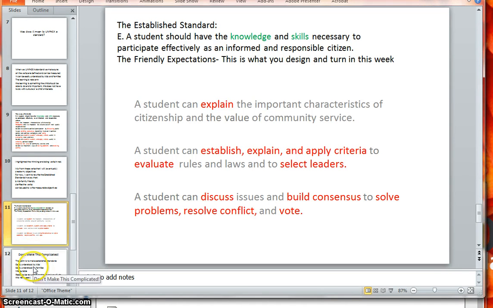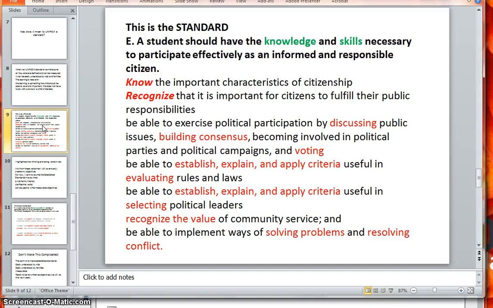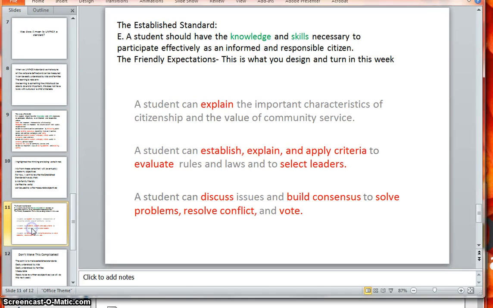Okay, so what you don't want to do is make this complicated. The point is to make the standards understood by kids, understood by families, and measurable, and then ready for you to write them into objectives. So we just want to go from something that's rather complicated like this and has verbs that we can't define into something straightforward that we can measure and that we can explain.